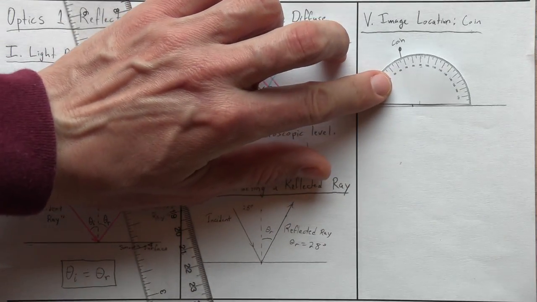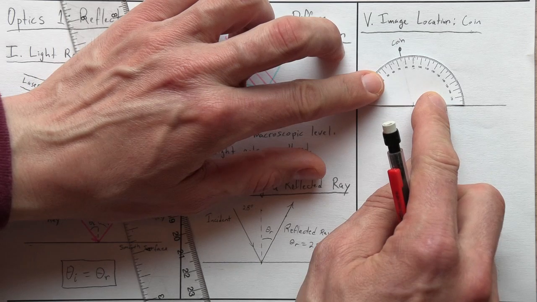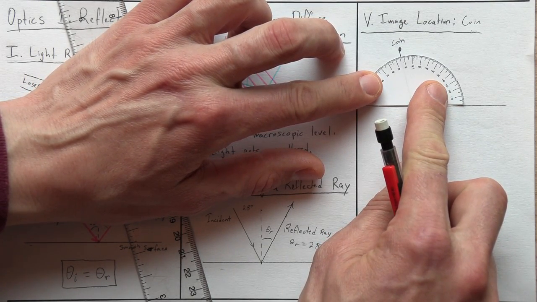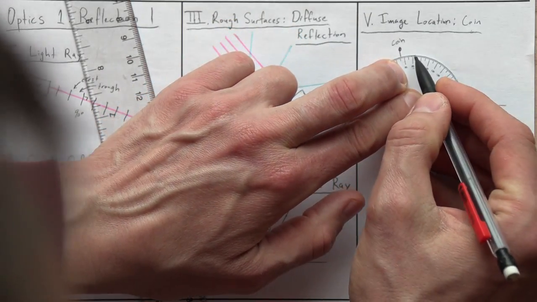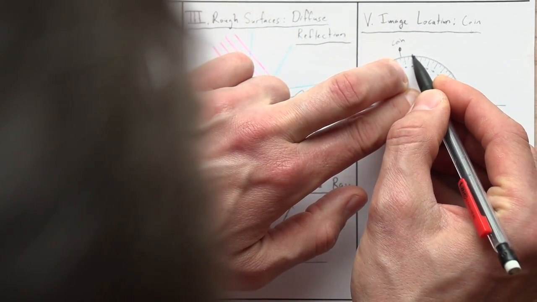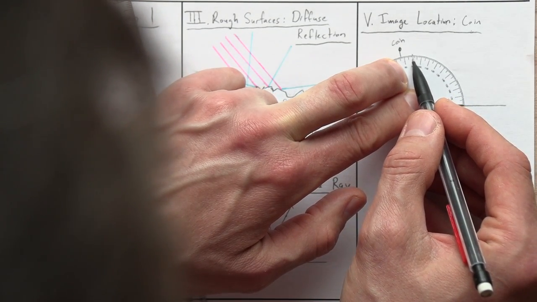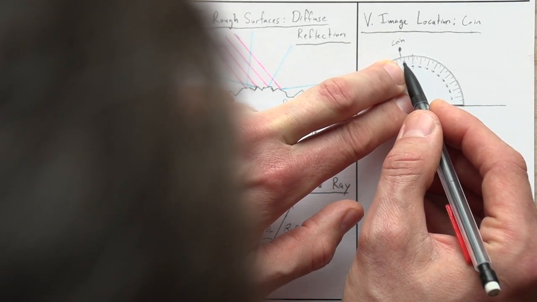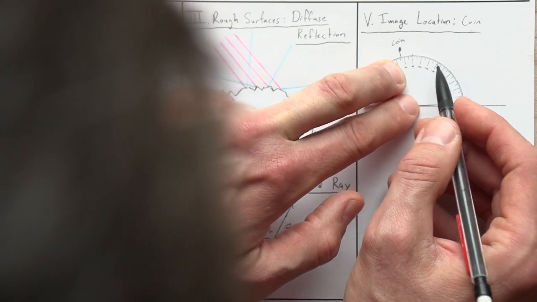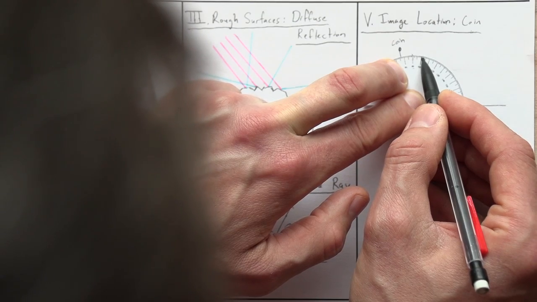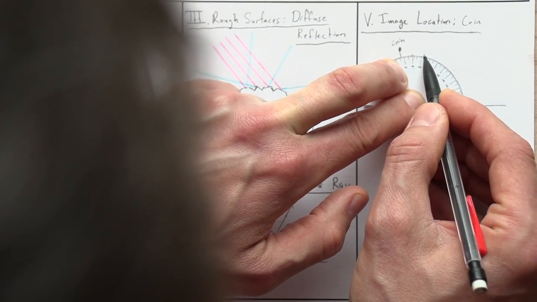Let's see, is this a good size protractor? Yes, it is. Okay, so I'm going to now reflect that ray off the mirror. So I make a mark for the normal. A little hard to see off at this angle. And I measure this angle. This angle is 10, well, I see that 15. I'm going to say about 13 degrees. So 10 is right here. 13 is right around here.